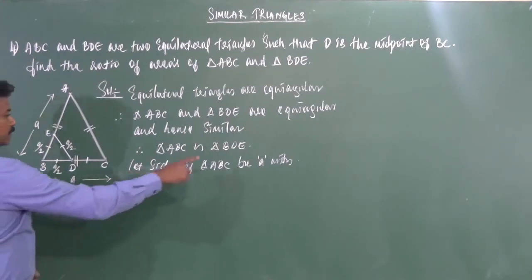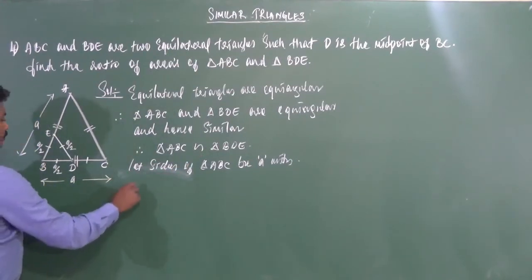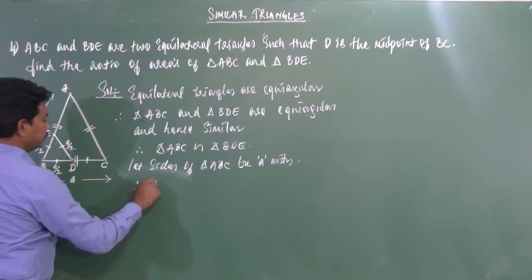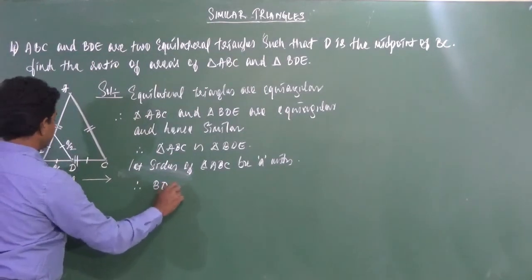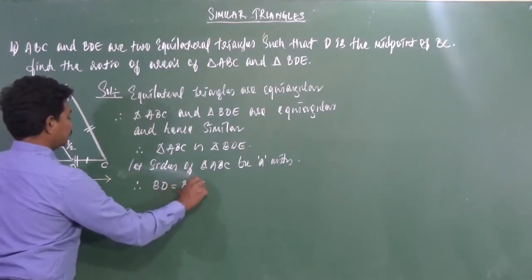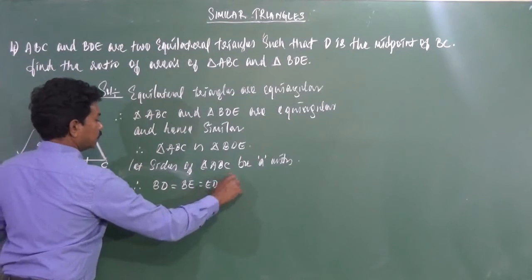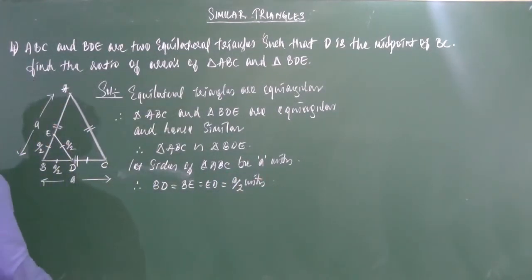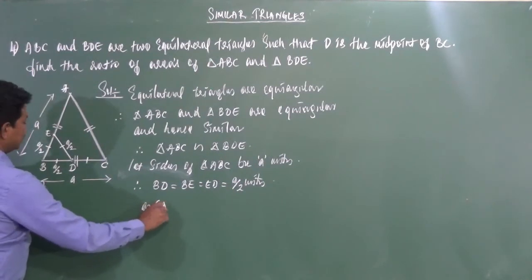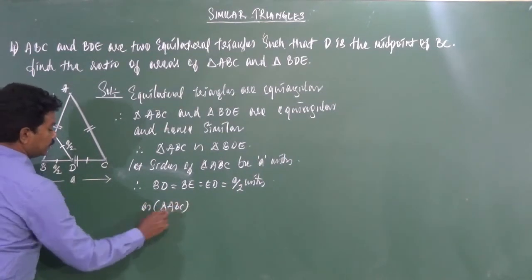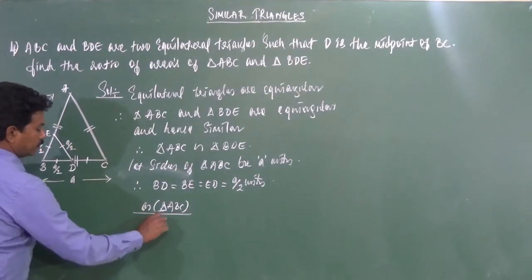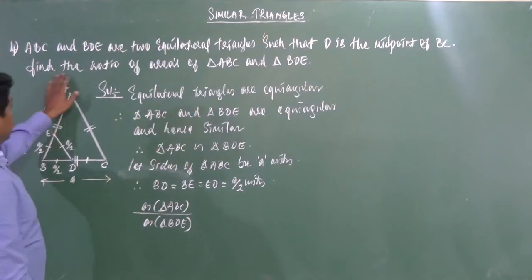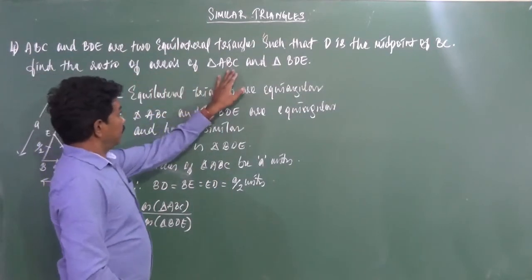So let sides of triangle ABC be A units. So therefore BD is equal to BE is equal to ED is equal to A by 2 units. So now we will take the ratio. So area of triangle ABC by area of triangle BDE. Find the ratio of areas of triangle ABC and BDE.